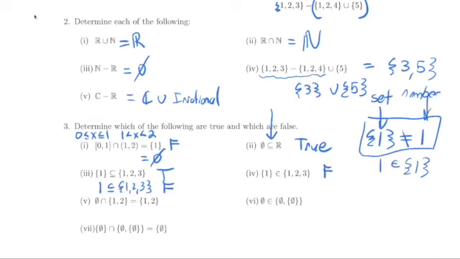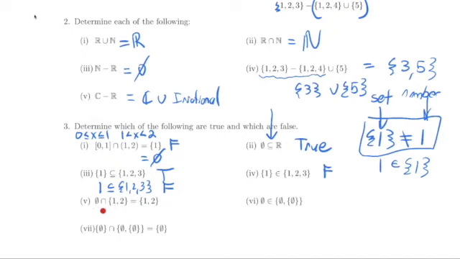Okay, what do you guys think about the empty set intersected with the set {1, 2}, in question 5? Getting falses, getting some trues. Yeah, so this is going to be false overall.